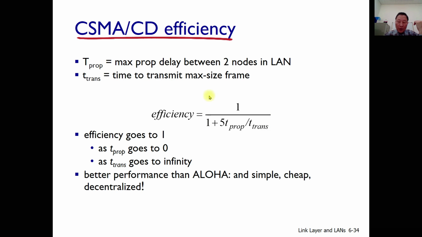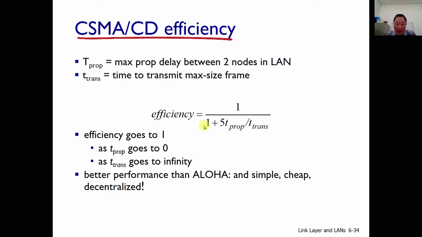You don't need to worry about how this one is derived. Simply try to understand the result here. Efficiency goes to 1 if the propagation delay goes to 0; then the maximum value of efficiency will be 100%, 1. If the transmission time goes to infinity, this is the time to transmit a maximum size frame, and it is occupying the whole link due to that transmission.